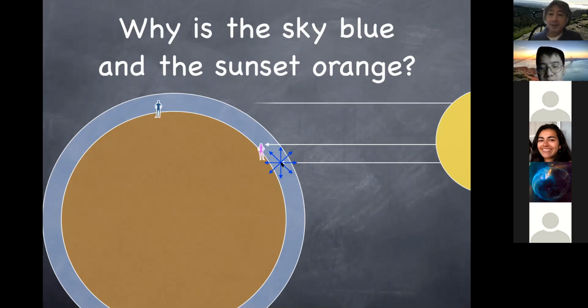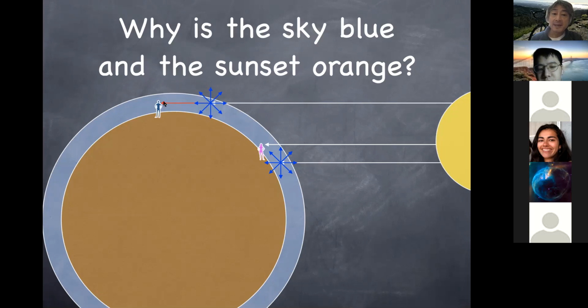On the other hand, at the time of the sunset, the light travels through the atmosphere for a long distance because it comes from the side instead of directly on top of you. While the light is traveling through the atmosphere, the blue portion gets scattered away, so you start to lose it.